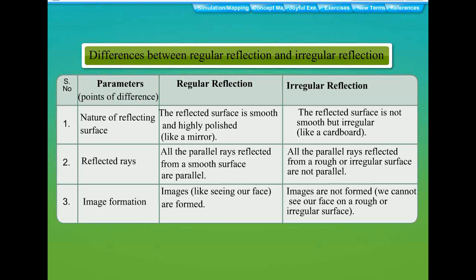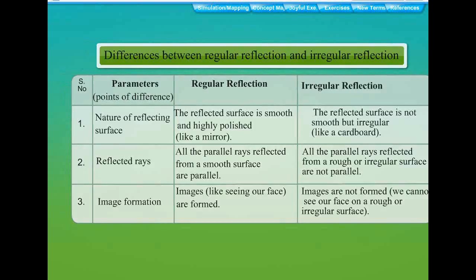Images, like seeing our face, are formed. Irregular reflection: the reflecting surface is not smooth but irregular, like a cardboard. All the parallel rays reflected from a rough or irregular surface are not parallel. Images are not formed. We cannot see our face on a rough or irregular surface.